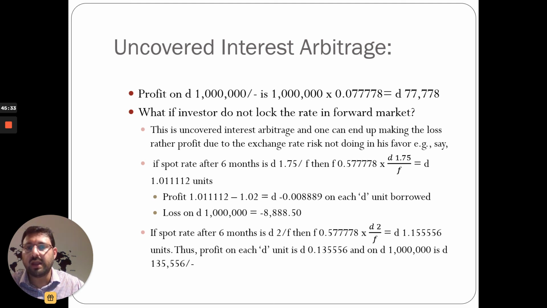Now, if the rate changed in a favorable way, because your asset currency is F currency and it appreciated, so if it goes to 2 units of the D currency to buy 1 unit of the F currency after 6 months, then you will end up making a profit of 135,556. You can pause the video over here and double check your numbers.